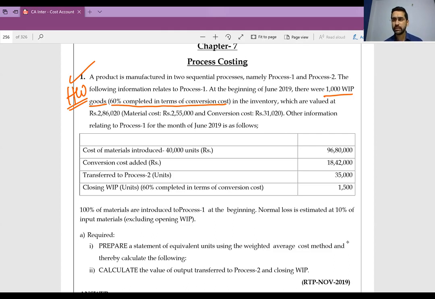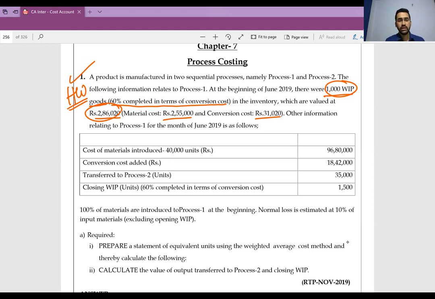Sir, what about material? You should know, 100%. Right. Basically, conversion cost means labor and overhead necessary to convert RM to FG. In inventory, which are valued at 286020, material given, conversion cost is given. That means you have opening WIP 1000 units and 286020 is the value.